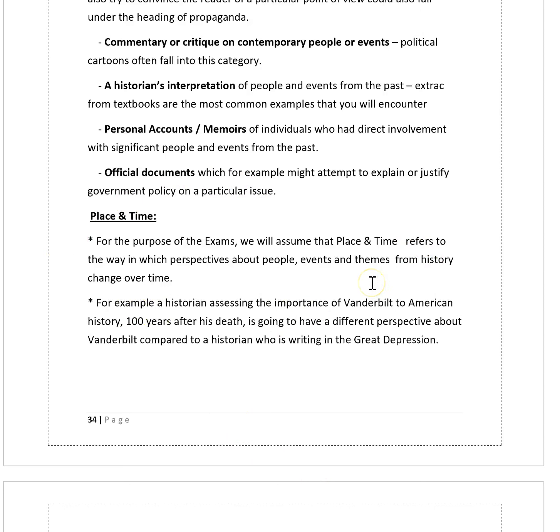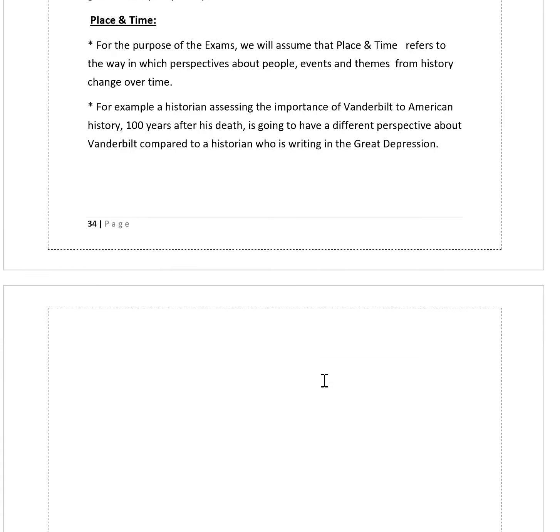Okay, so it's perspectives and how that can change. Perspectives are going to be different compared to what they were at the time. For example, a historian assessing the importance of Vanderbilt 100 years on is going to be really different to a historian that wrote it during the Great Depression. And it's the same with Nazi Germany.